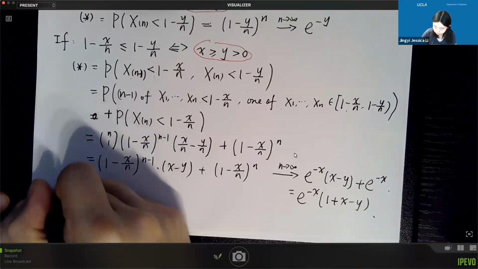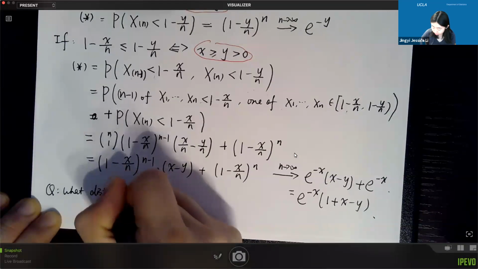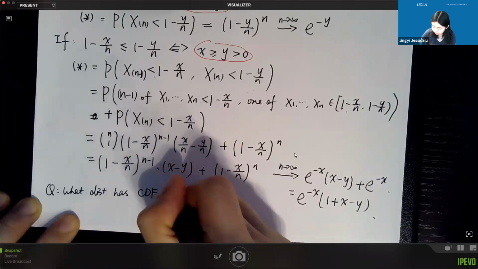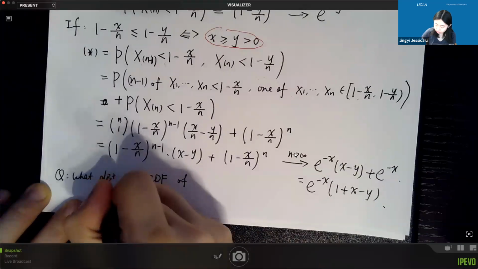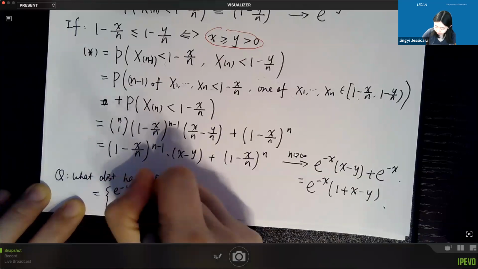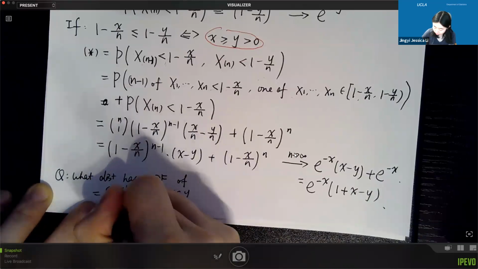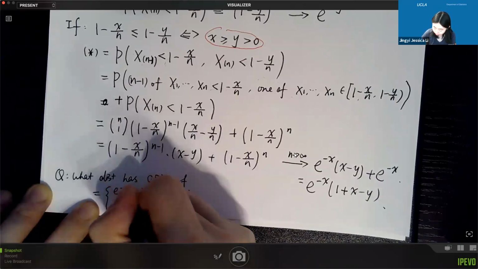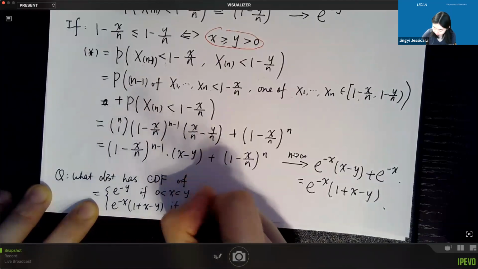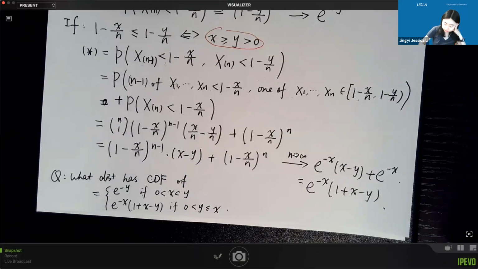So the question is, what distribution has this CDF, equal to exponential negative y in one case, or equal to exponential to the power negative x times 1 plus x minus y in the other case? We just want to find that distribution.